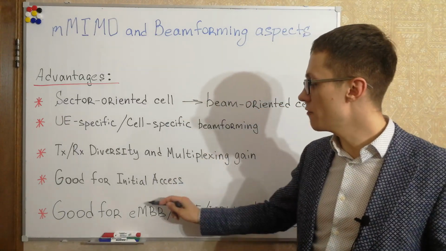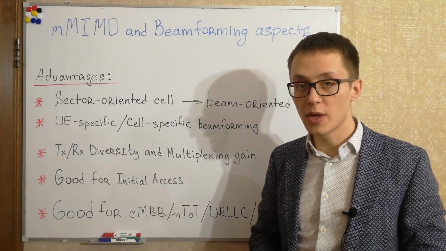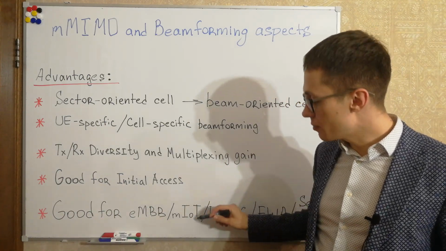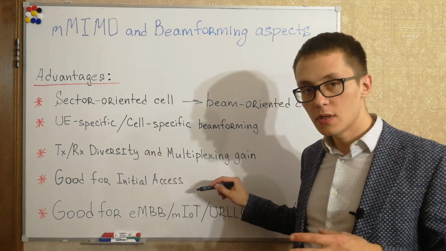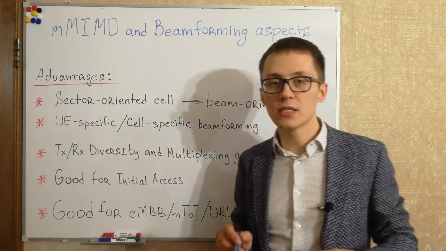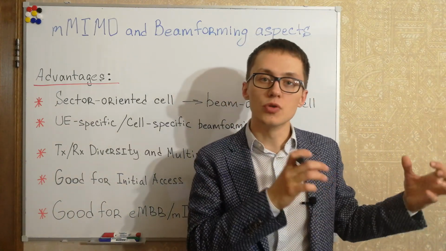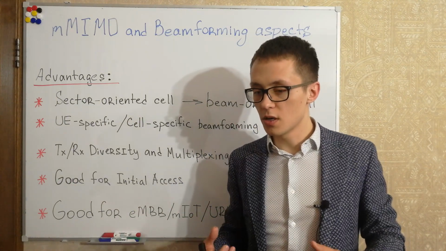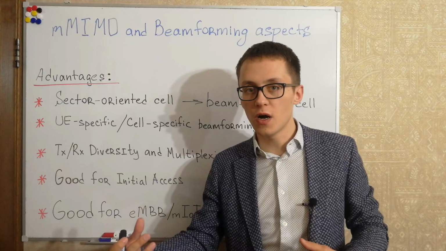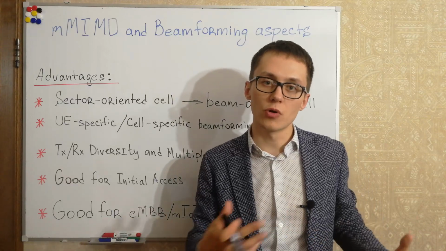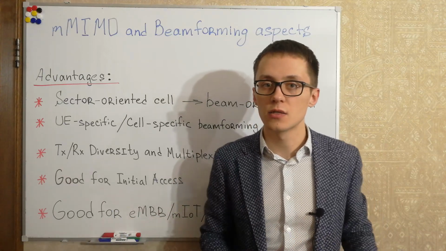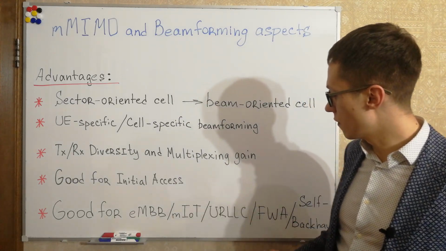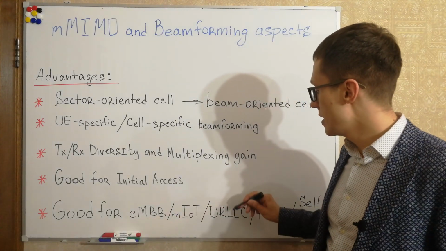So beamforming is very good for enhanced mobile broadband. Also, beamforming can be very good for Internet of Things, for devices located deep indoors, when we can't reach these devices using usual, traditional antennas. So this is also very good for Internet of Things.